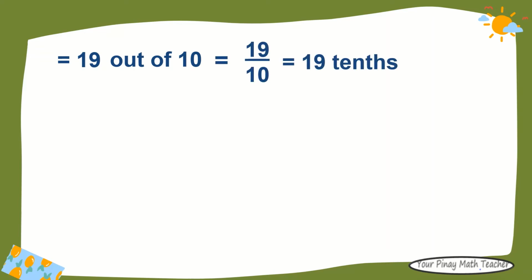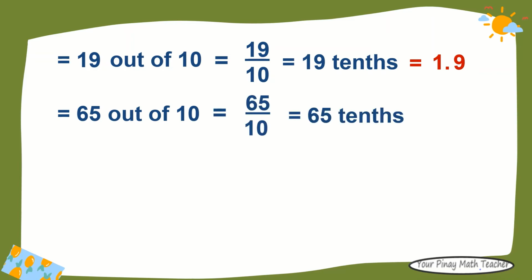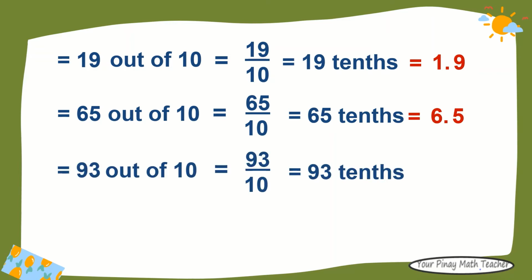Let's have exercises. 19 out of 10 is the same as 19/10, which is 1.9 in decimal. How about 65 out of 10? We have 65/10 or 6.5. 93 out of 10, we have 93/10 or 9.3.